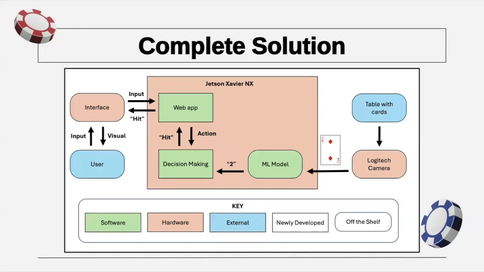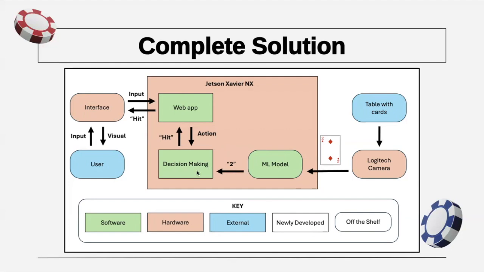So let's go through a bit of the flow of the whole thing. As cards are being dealt on the table, the Logitech camera that we have will send frames of these cards over to our Jetson. This Jetson Xavier NX has a machine learning model, and it will take these frames and output what cards it thinks it sees.